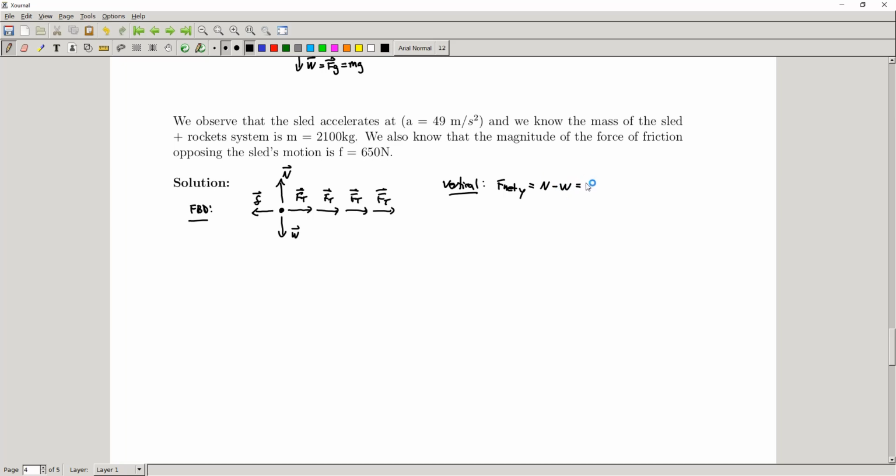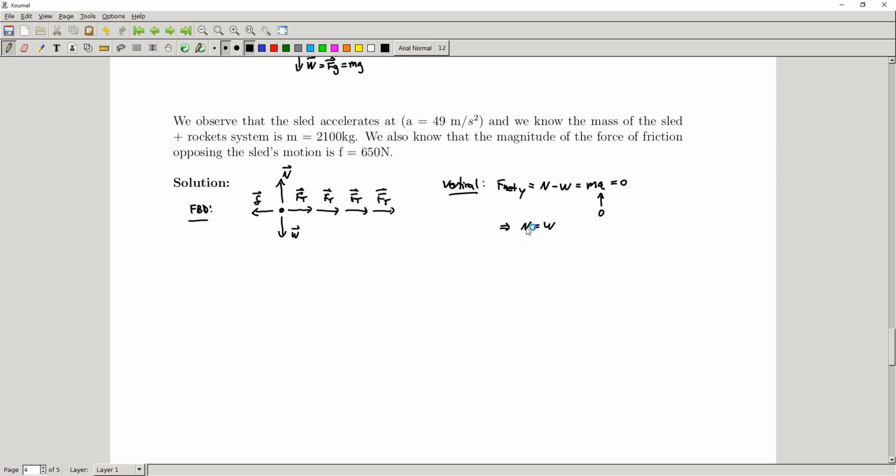This is equal to mass times acceleration, but there is no acceleration in the vertical direction. Again, this sled is not accelerating into the ground or up into the sky, and so this is equal to 0. And what is this telling us? Well, this is telling us that the normal force is equal to the weight.